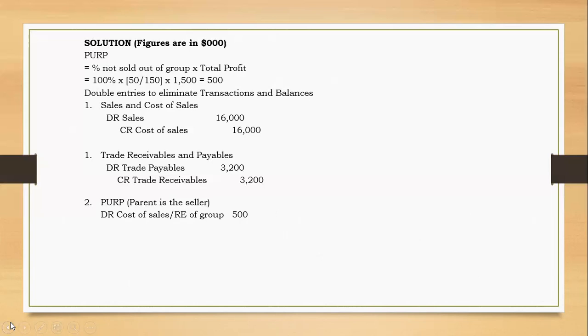But here I will take it in full, all right? Because it was sold by the parent, and the parent profit cannot be shared. All right, on the other side, I would have to credit inventory. As for inventory, no problem, because when doing consolidation, we usually add. So it does not matter whether it's the parent or subsidiary that sold, because those inventories are always added up, so it doesn't matter. So that's what you would have done.